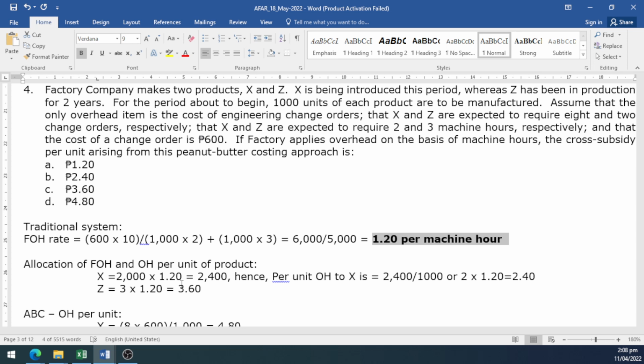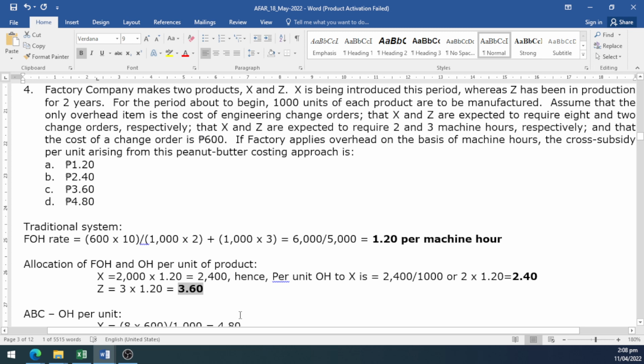That's 2.4. Or simply, dahil 2 machine hours ang per unit of X, tapos 1.2 per machine hour yung rate, 2 times 1.2, 2.4. At sa product Z naman, 3 machine hours times 1.2 per machine hour, 3.6.